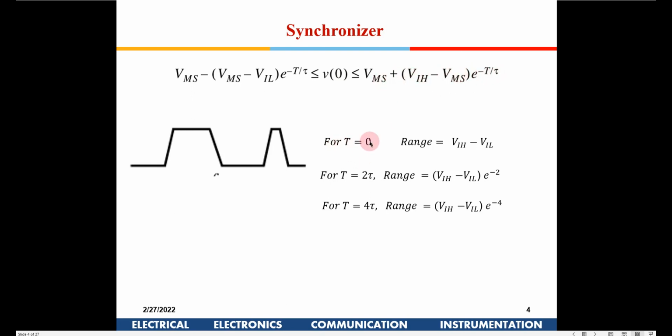That means for T equal to 0, from the input side, the range of voltages which can cause a problem for us is VIH minus VIL. So this is the total range of voltages which can cause issues in the next stage.